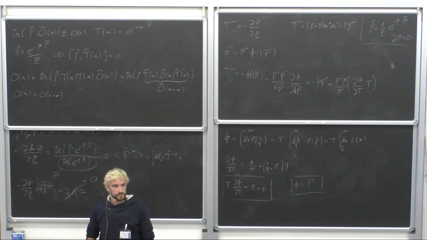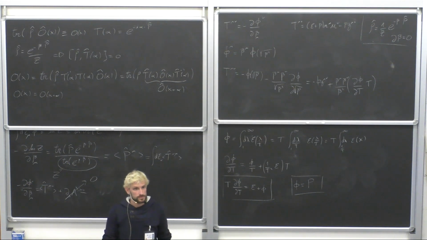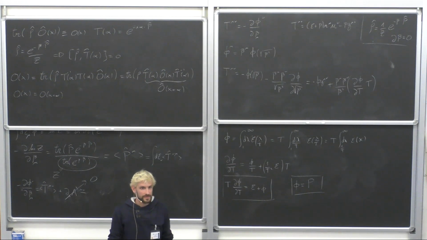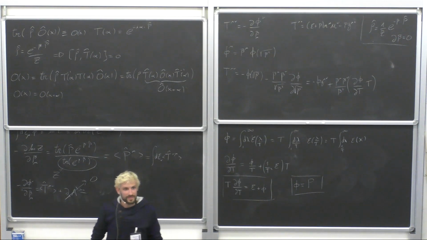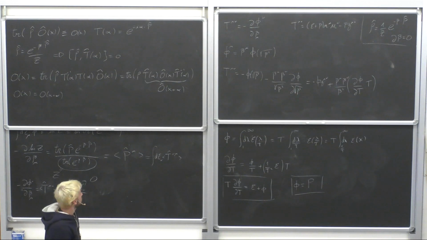So in the second derivation, you had to use the fact that in global equilibrium the gradients vanish. Yes. How does it manifest itself in the first derivation?